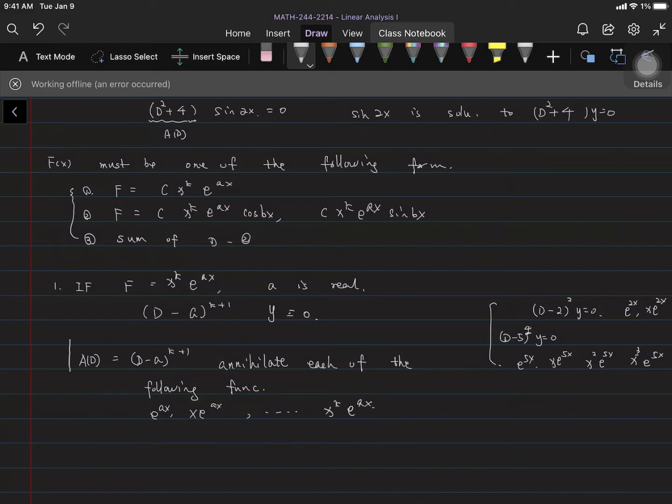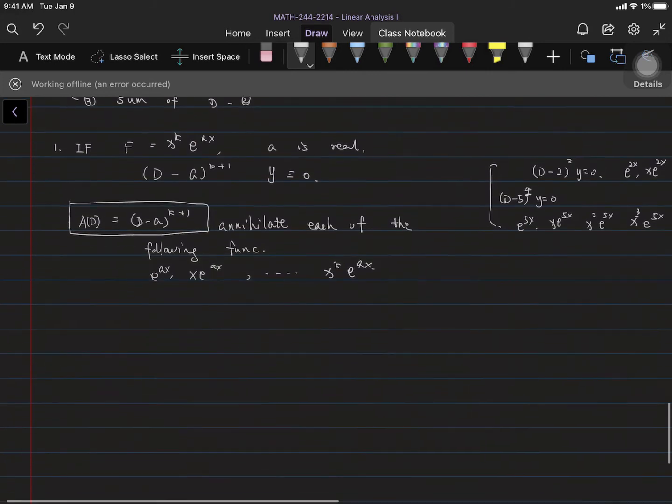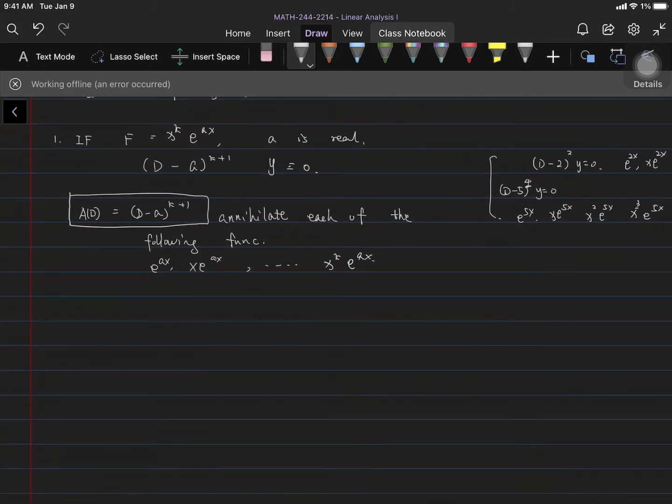Okay, so first case, if r is real, for the e to the ax, even if we have some x to some power in front, we know what the annihilator is, right? First case.